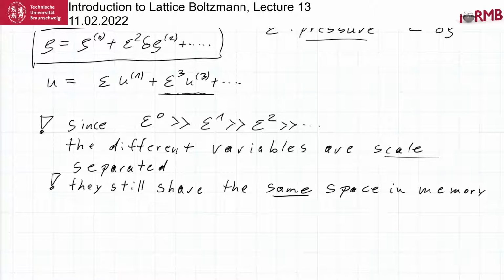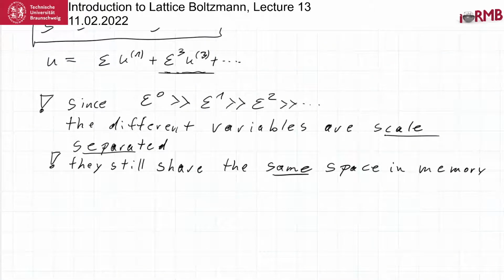So they are scale separated, but they still share the same space. And in particular, I should probably write not in memory, but in the fraction. So specifically in the fraction of the same floating point number. So let's look at this fraction.